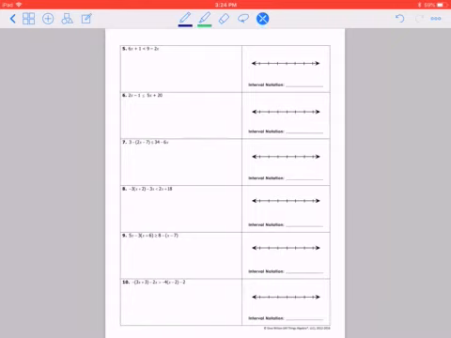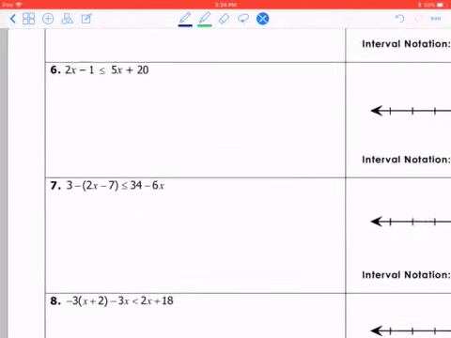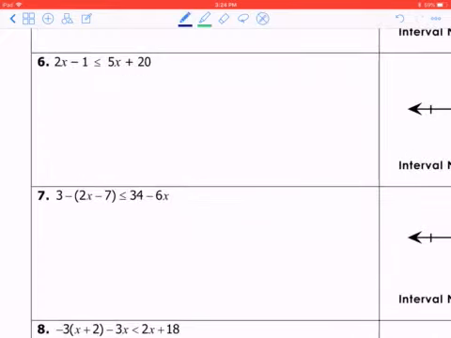Okay, so let's go ahead and do number 6. So we have variables on both sides now, so we need to get them together on one side. So the first thing I'm going to do is subtract 2x. I'm subtracting because it's a positive.